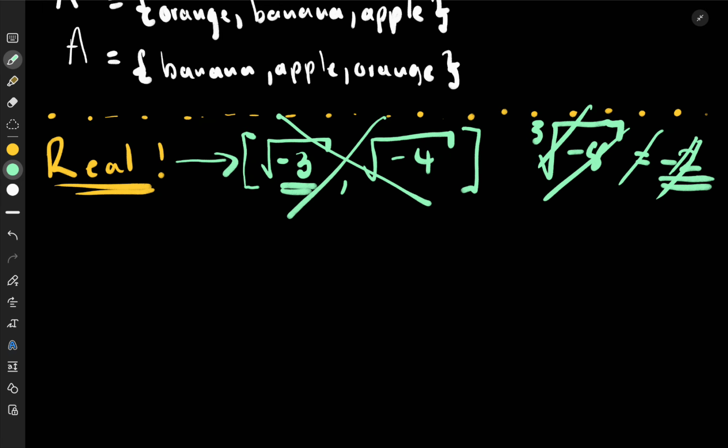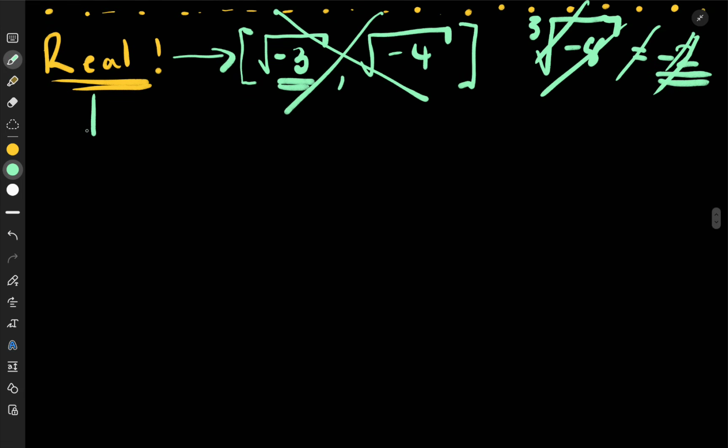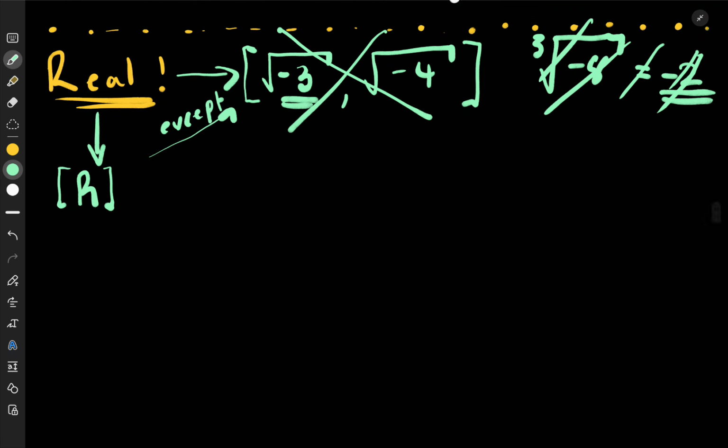Anything else, negative, positive, fraction, not a fraction, root, not a root, all those things will be real numbers. We'll use the symbol R to represent them, and those are just all the numbers except for the square root of a negative number.